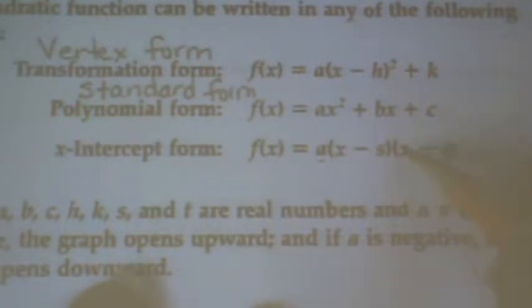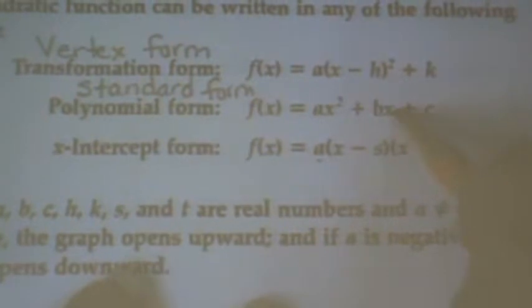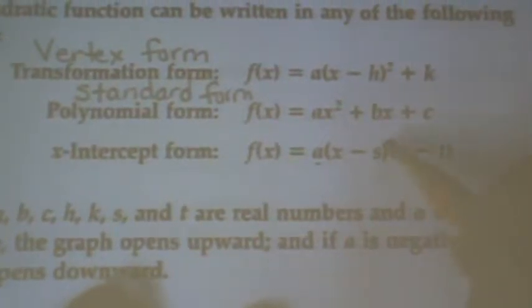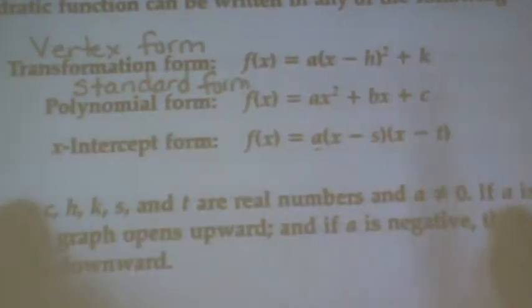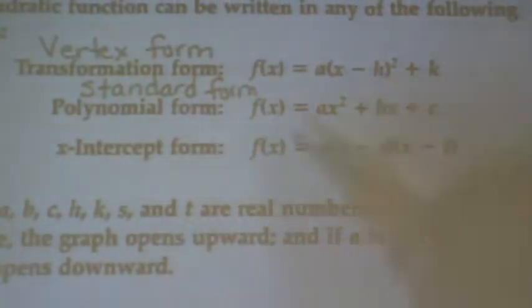Tomorrow we're going to analyze going from one form to the other and back and forth. So you're going to be able to go from transformation to polynomial, polynomial to x-intercept, and back and forth. Why do you want to be able to go back and forth? So you can get all the things that you need out of the graph. Okay? So let's look at the first example on the back.